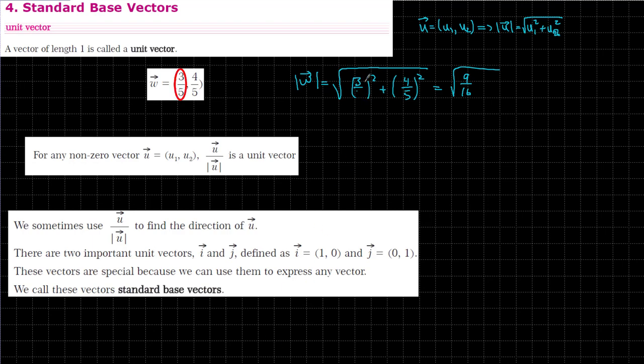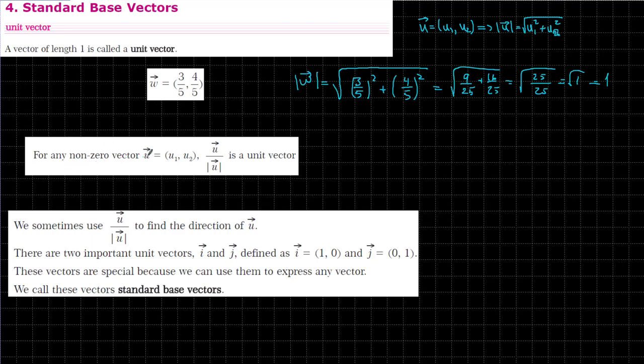So this is 9 over 25 plus 16 over 25, which is equal to the root of 25 over 25. That's equal to root 1, and this is equal to 1. So we can call W a unit vector.